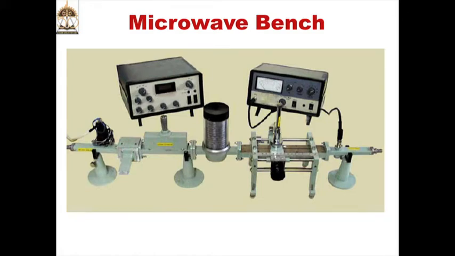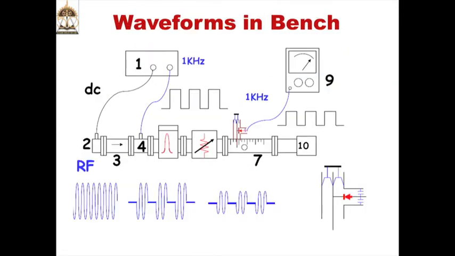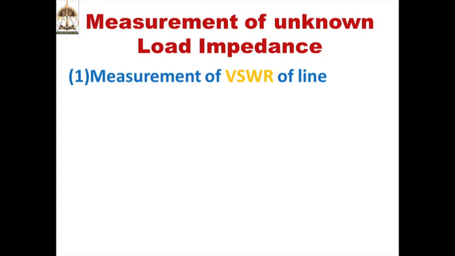Depending on what load we give, a voltage standing wave pattern will be created inside the waveguide. VSWR means voltage standing wave ratio. I think you know from your transmission line theory that it is defined as voltage maximum by voltage minimum of the line. So, that depends on the mismatch.